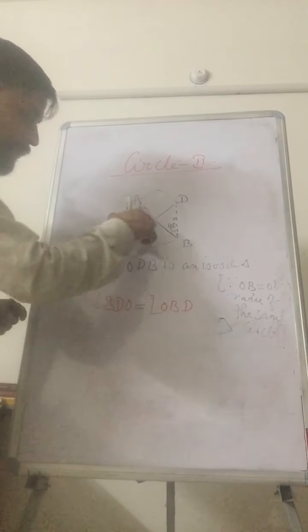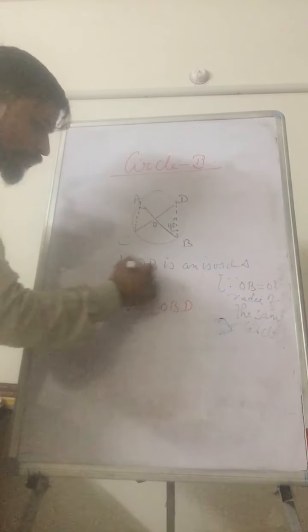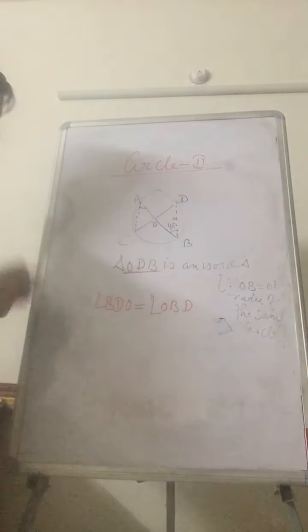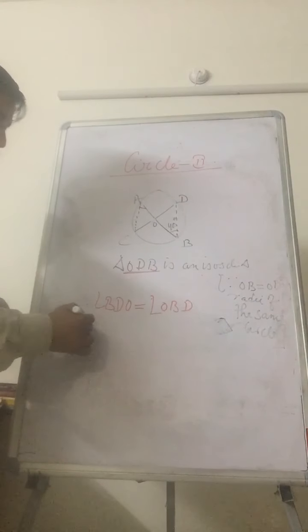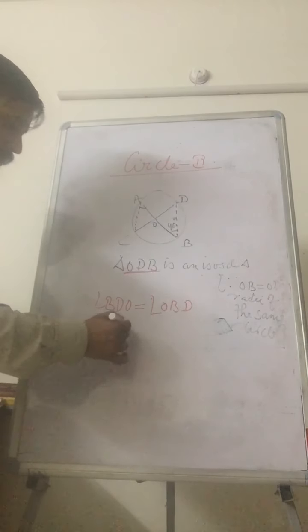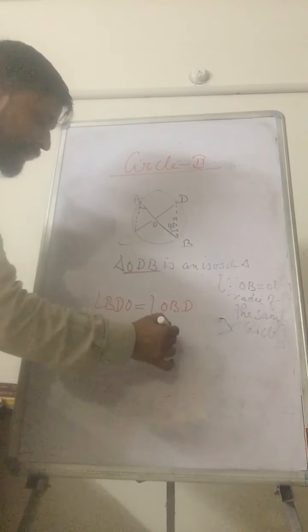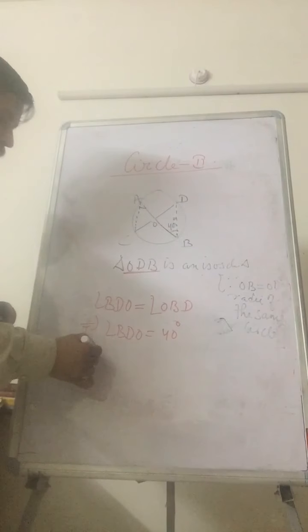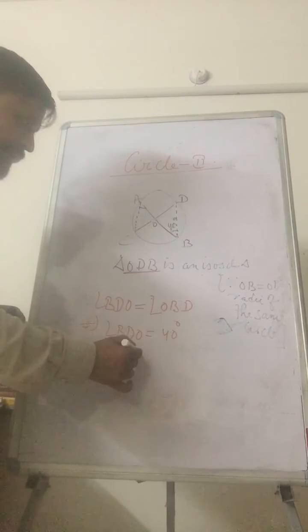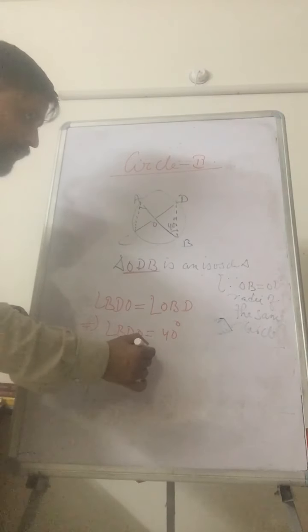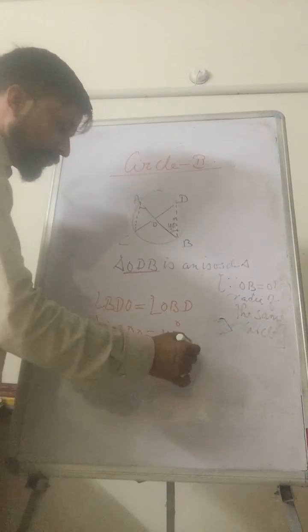Why are we writing up to this? Because we have considered this triangle, so we cannot extend here. Next, the BDO value will be this, because both are the same, so 40 degrees, clear? Or angle BDC equals 40 degrees.